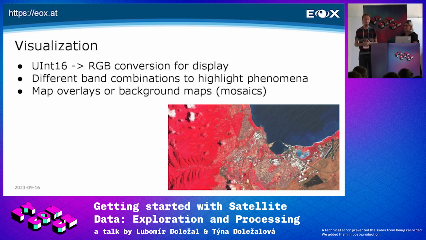This is the only part of the magic that we do. It was already mentioned that different band combinations can highlight different data. For example, false color using the near infrared generally visualizes vegetation much better.